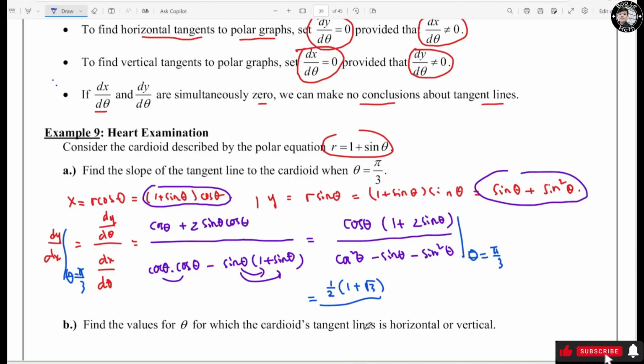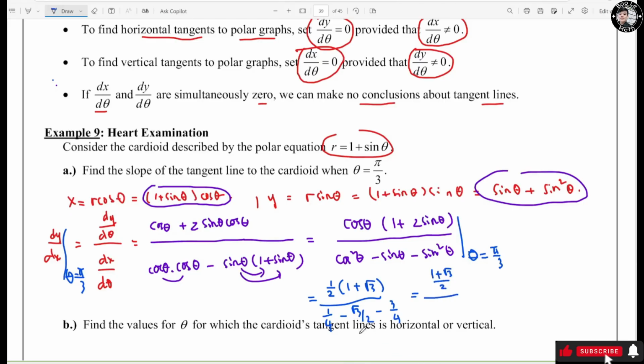Over cosine pi over 3 equals 1 half squared equals 1 over 4. Sine pi over 3 equals root 3 over 2, so minus root 3 over 2. Now, this one, root 3 over 2 squared, is going to be 3 over 4. So it's going to be 1 plus root 3 over 2, over.